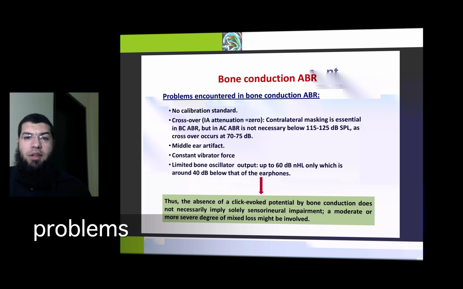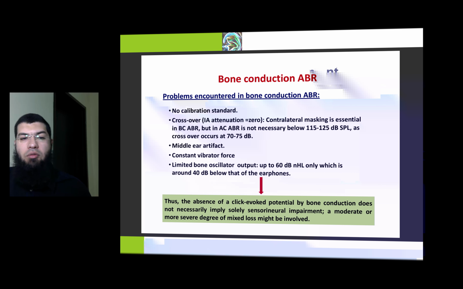What about the bone conduction ABR problems? It has no calibration standard, and as we said, the crossover or interaural attenuation is 0, which makes contralateral masking essential. The output of the bone vibrator is limited; the maximum output is 60 decibel nHL.